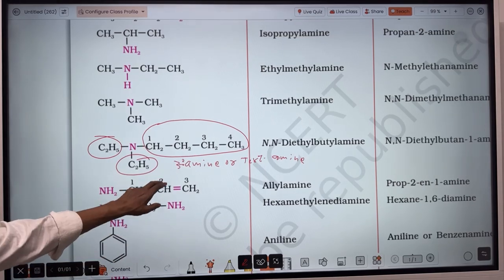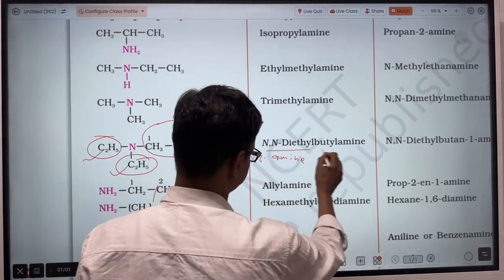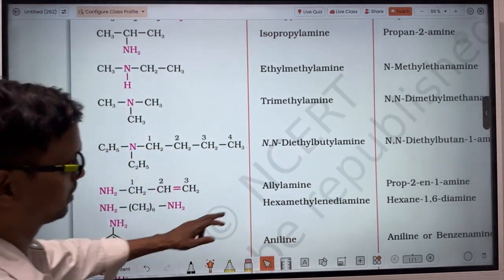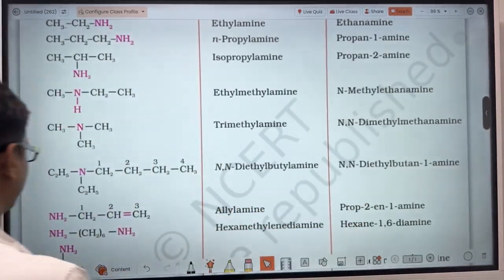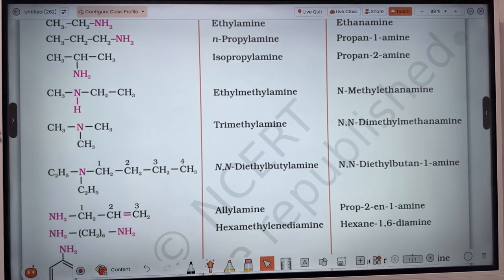Here this one is the longest carbon chain, so it will be N,N-diethylbutanamine. When we write the IUPAC name, we have to write the position. So that's why N,N-diethylbutane-1-amine.